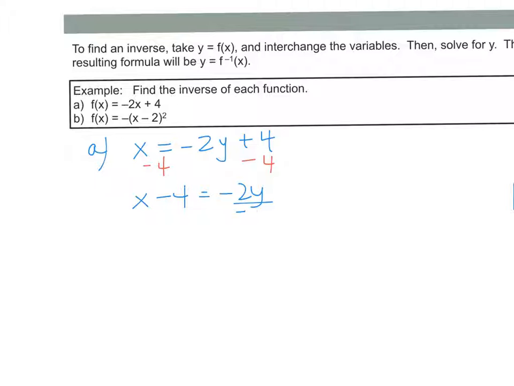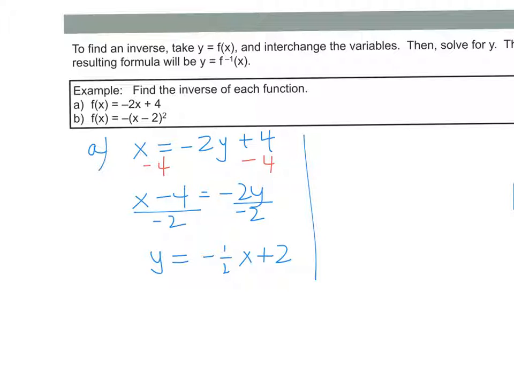Then divide by negative 2, or you could do it another way if you wanted. My answer here would be y equals negative... You could just leave it like that, or you could change it into slope-intercept form, whichever you prefer. This would be negative 1/2 x plus 2, and that would be it. There's the inverse of it. Really easy, well, when they're linear, they're really easy. These can be much harder.